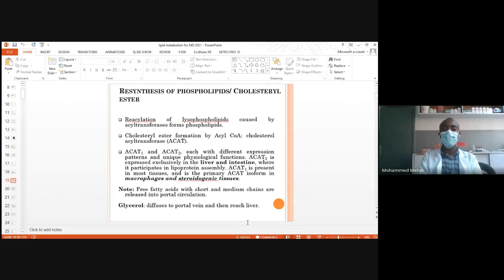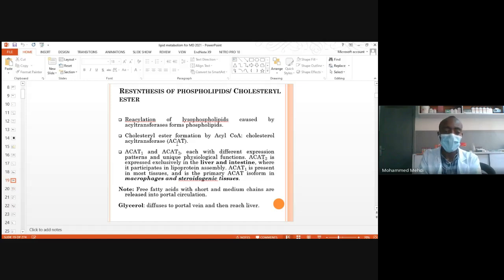They have their own enzymes. For example, for cholesterol ester formation, acyl-CoA cholesterol acyltransferase enzyme transfers fatty acid to cholesterol for the formation of cholesterol ester. Reacylation of lysophospholipid is caused by acyltransferase enzyme. Acyltransferase enzyme transfers fatty acid for the formation of phospholipid.